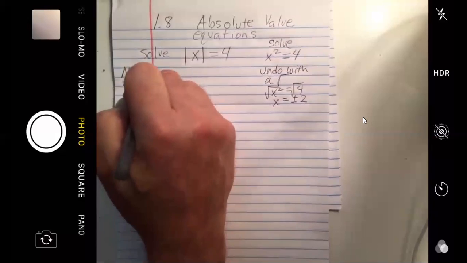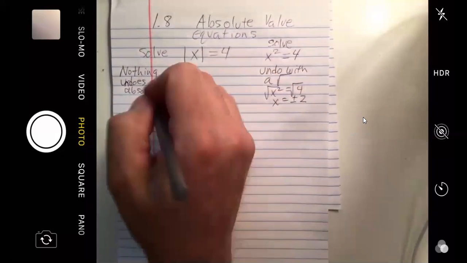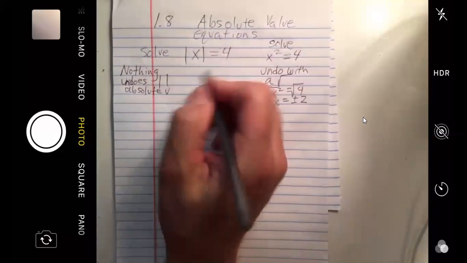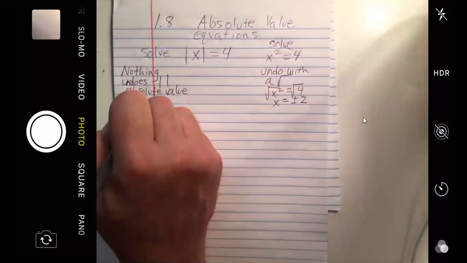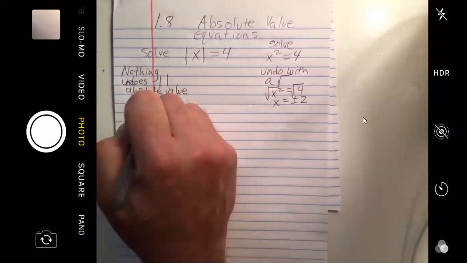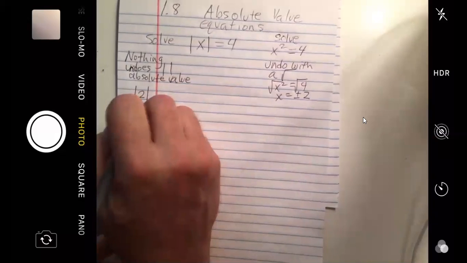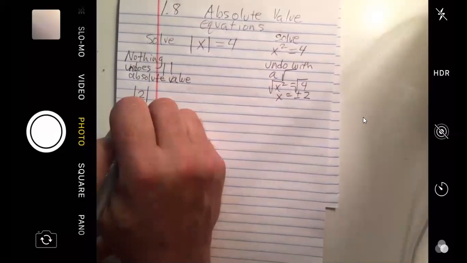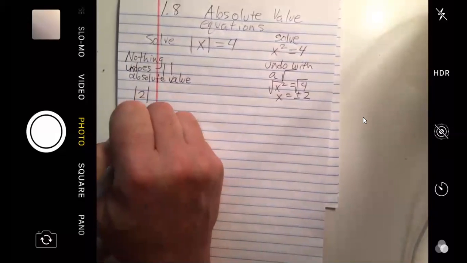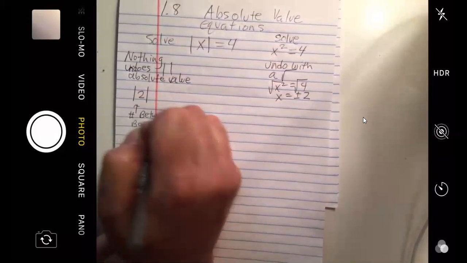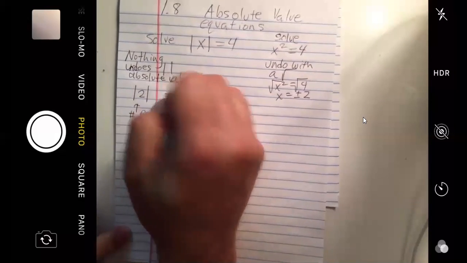absolute value. In fact, maybe I should even explain, just to remind you what absolute value means, what the straight bars mean. When you put a number between the bars, the answer is the number between the bars. So you get 2.